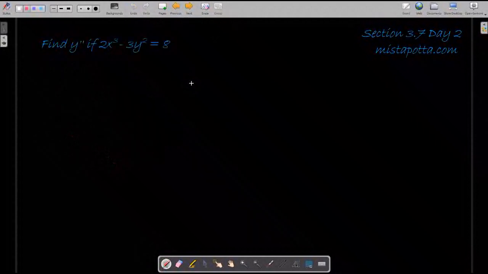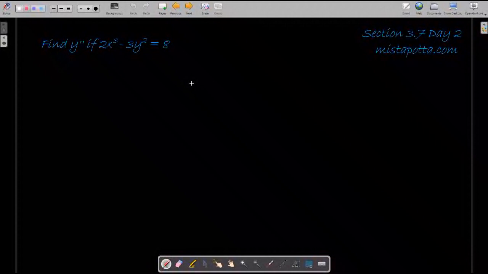So I want to take a look at 3 examples today. And so here's our first example. I want to find y double prime if 2x cubed minus 3y squared equals 8.